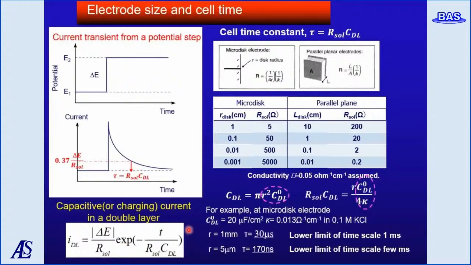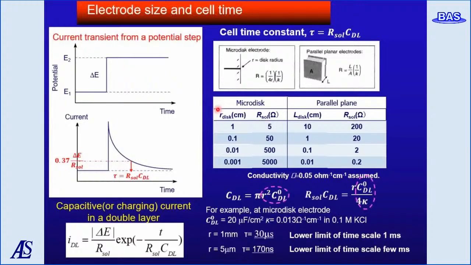The electrode size plays an important role for shorter temporal domain measurements. Here the table for the size dependence of the resistance, double-layer capacitance C_DL, and cell time constant are given in these equations.